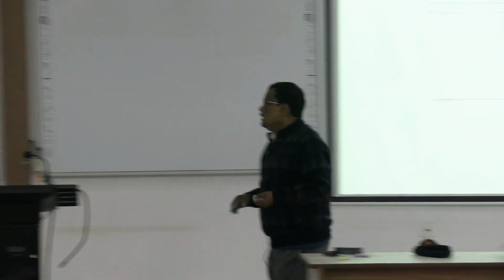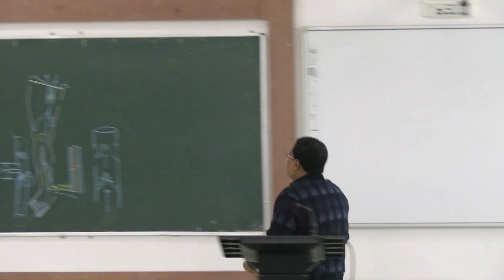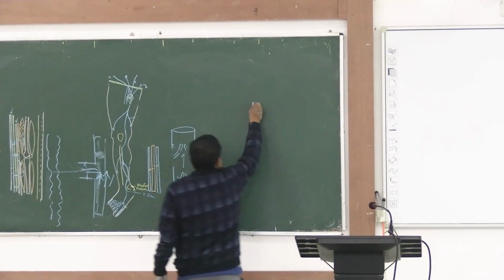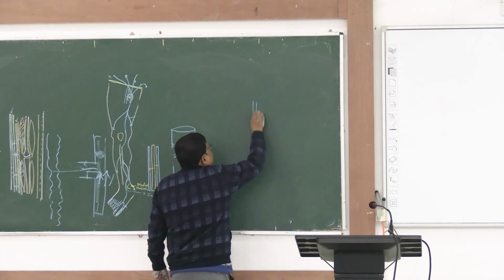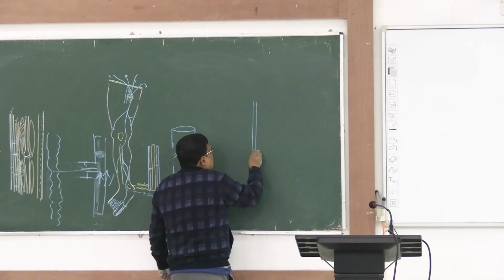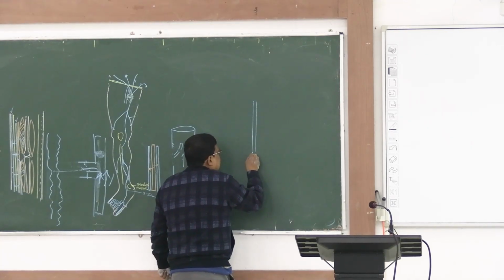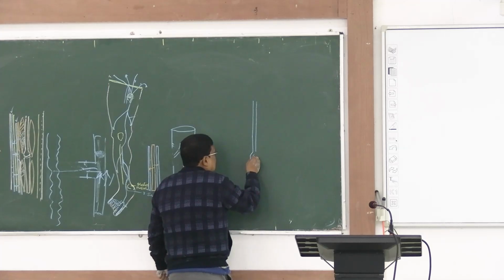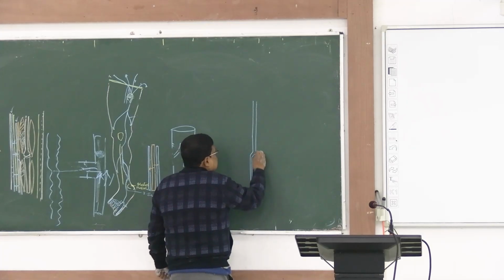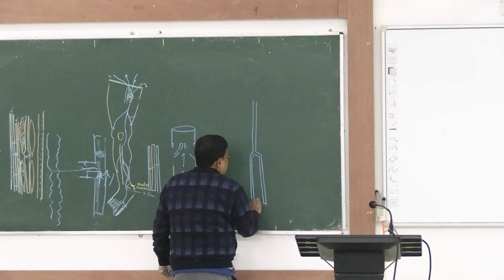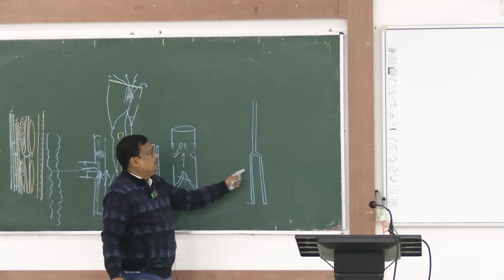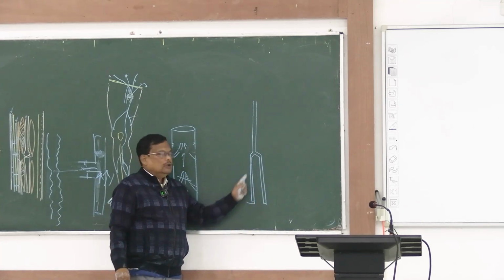What are the deep veins here? Femoral vein. Femoral vein ultimately at the popliteal fossa divides into anterior tibial vein and posterior tibial vein. These are the named deep veins.